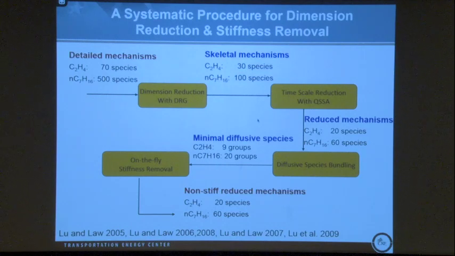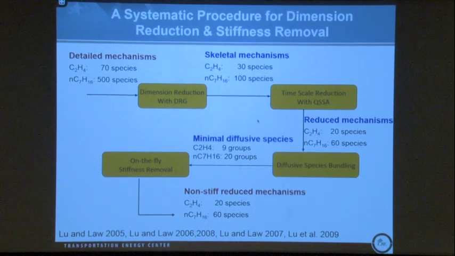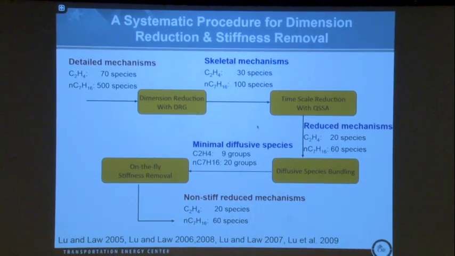So we've worked closely in the past with Tianfeng Lu and Ed over the years. They've developed a systematic procedure for mechanism reduction and also for removing the chemical stiffness, the disparity in scales in time between chemistry and other processes, where their method starts with a detailed mechanism, for example, for ethylene with 70 species or N-heptane, C7H16 with 500 species.